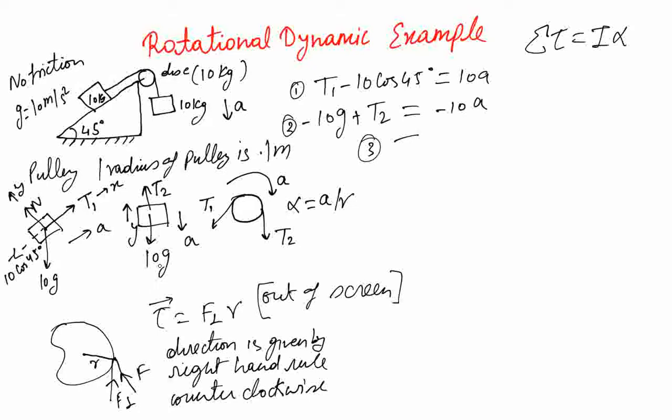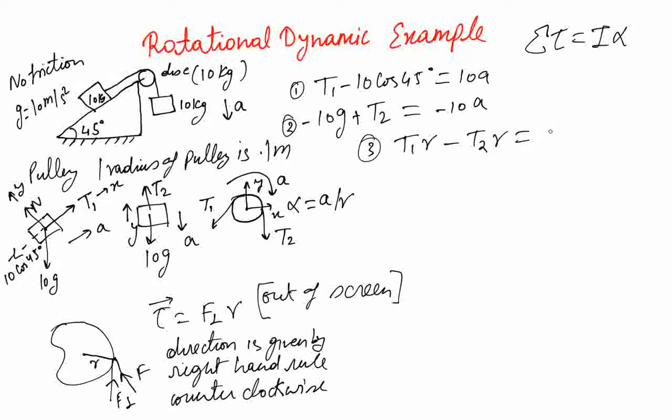Let's define Z to be coming out of the plane. So for this, let's define this to be X, let's define this to be Y, and then Z will be coming out of the plane. So T1 is rotating the disc such that the thumb is coming out of the plane. So T1R is the torque which is in the direction of the z-axis, so it's positive, minus T2R equals I alpha.